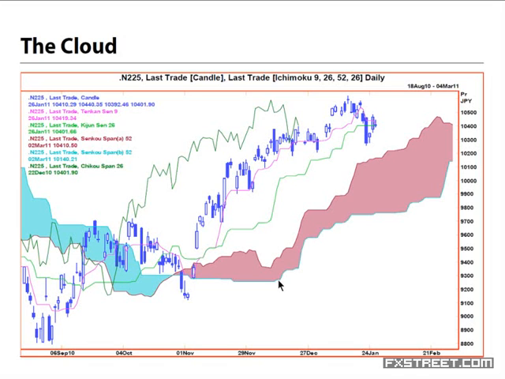Okay? Now, just like the moving averages are suggesting a long or a short position, depending on how they lie, so too the cloud, if it is rising, suggests a long position, particularly so if the candles are above the cloud.